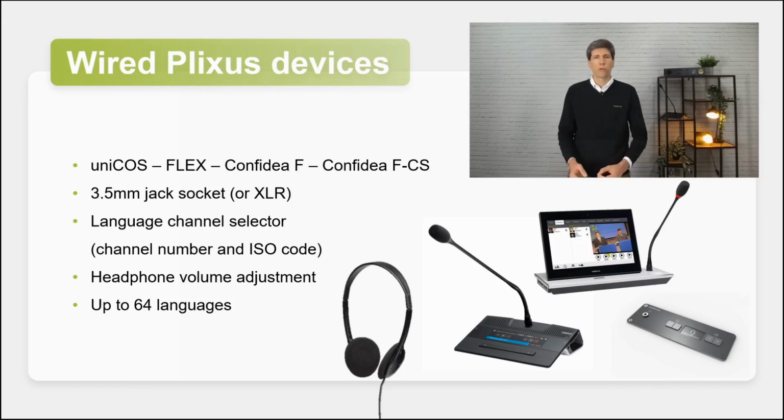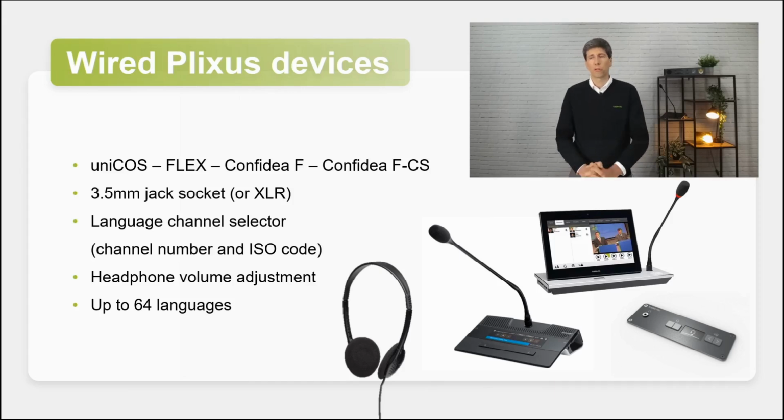So we're talking about Unicos as our multimedia device, our Confero Flex for the audio-only device, or Confero Flash Mount for flash mount devices, but also just channel selectors that can be used by the audience. All of them have the 3.5 millimeter jack sockets.